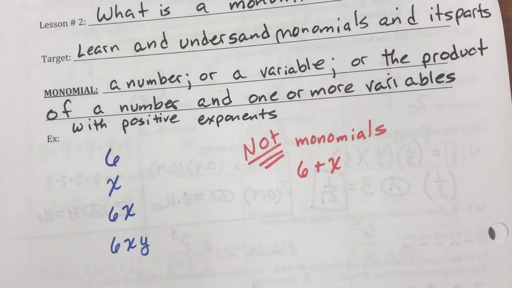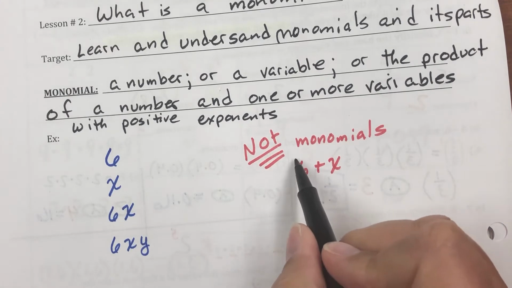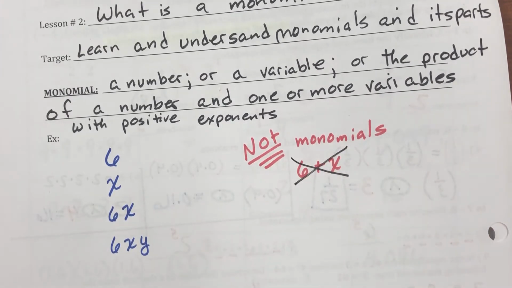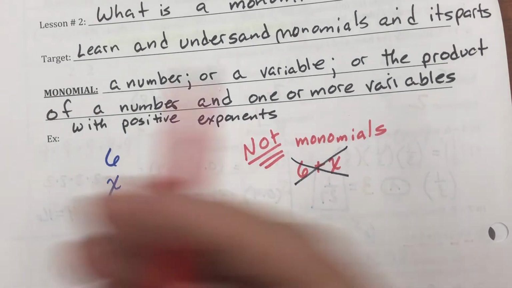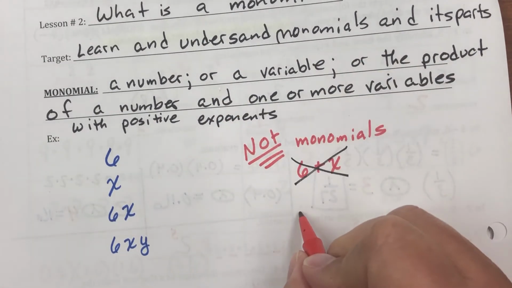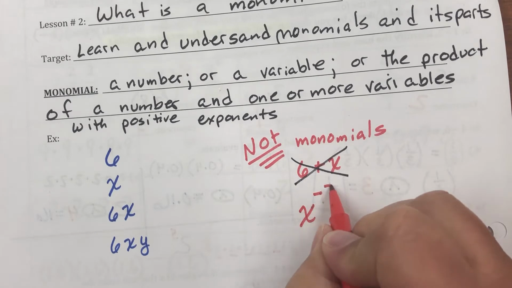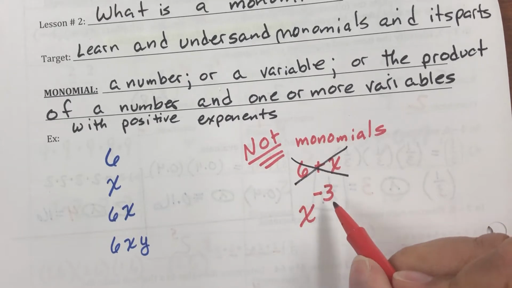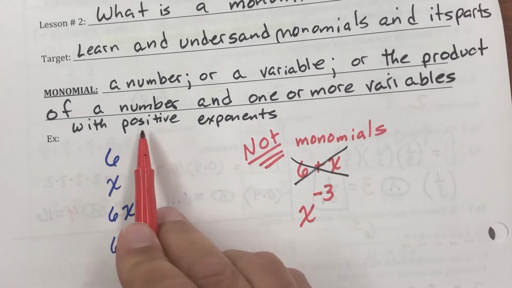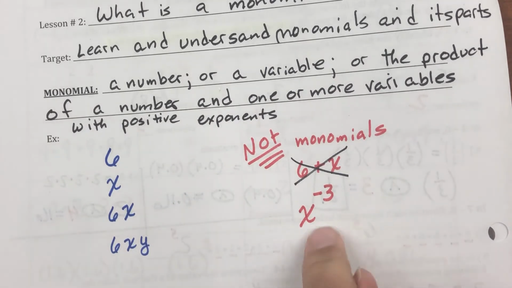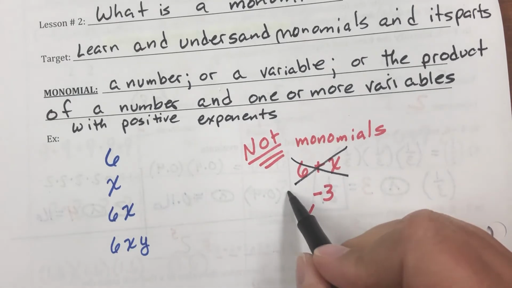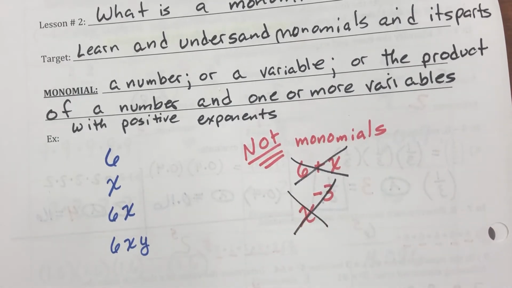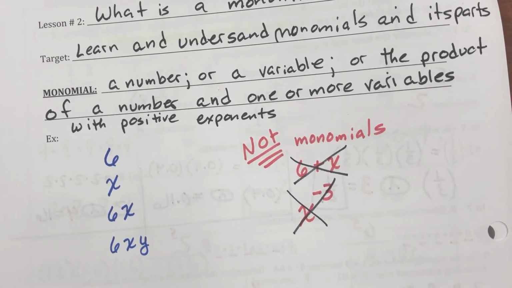So that is no good, not a monomial. Or if I have something with a negative exponent, like say x to the negative third power. I can't have a negative exponent. It says with positive exponents. Now we're going to do something with this later to make it into kind of a monomial, but right now, no good at all.